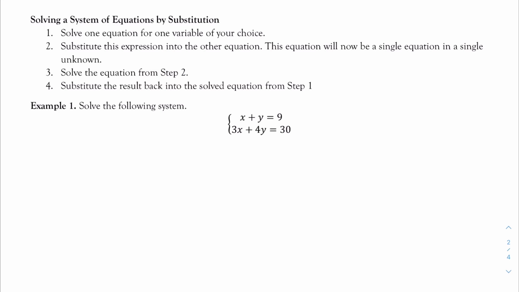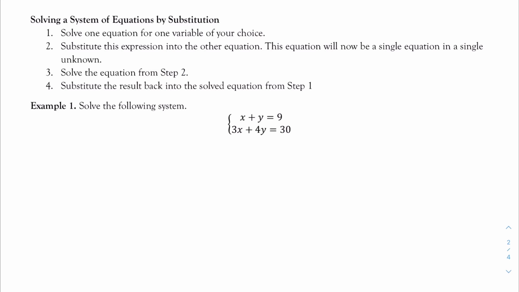To solve a system by substitution, for one of my equations, either the first one or the second one, I want to solve for a variable of my choice. Maybe you want to solve for y, maybe you want to solve for x. In whatever case, after I solve for one variable, I'm going to substitute that variable into my other equation.